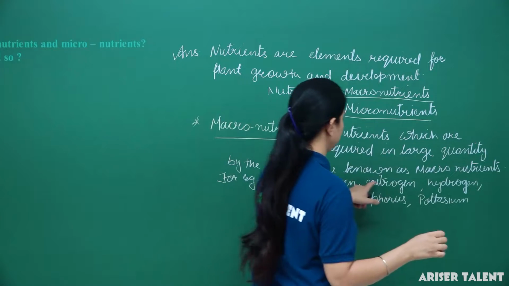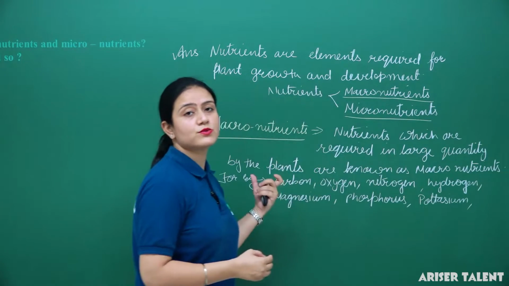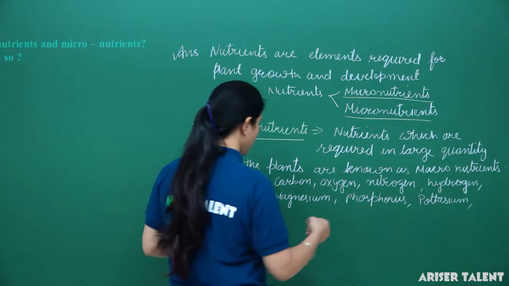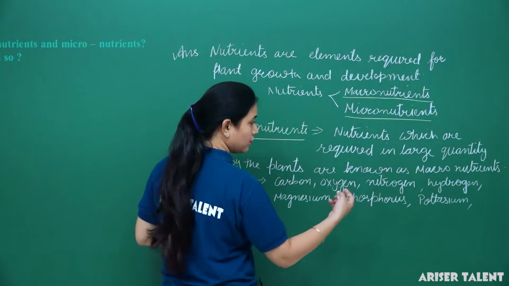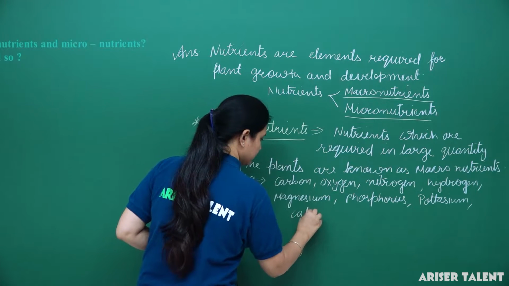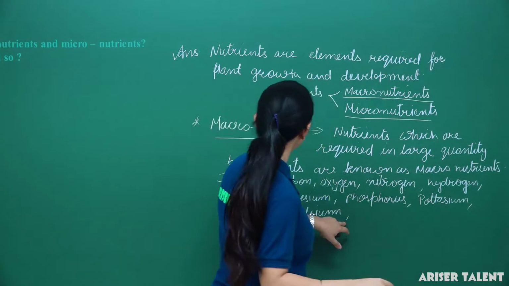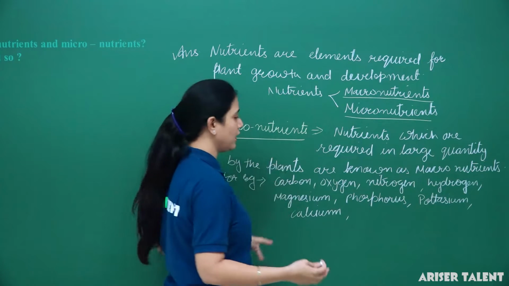Okay. So, these are the macronutrients which are required in large quantity. Besides these, we can also name calcium. So, these are the nutrients which are required in large quantity.